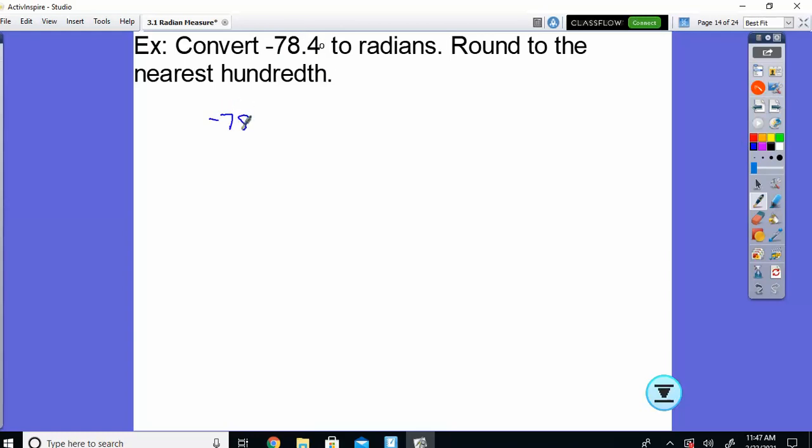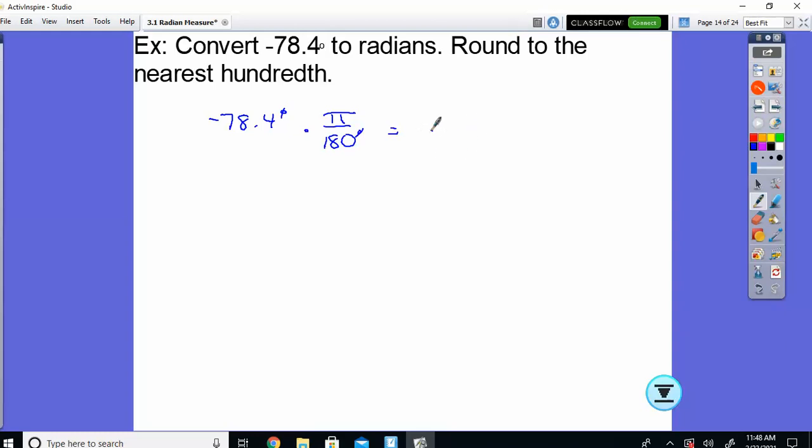So negative 78.4 times pi over 180. So those degrees cancel. I want you to just put everything in the calculator. Do not do 3.14 for pi. Use the pi button on the calculator. So multiply by pi and divide by 180.